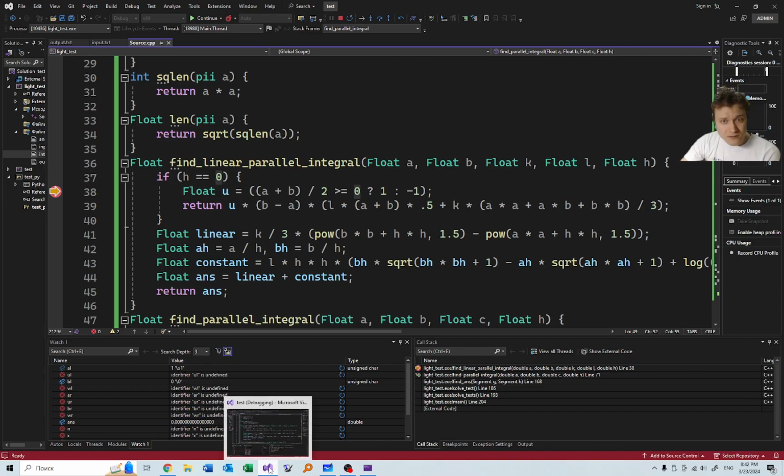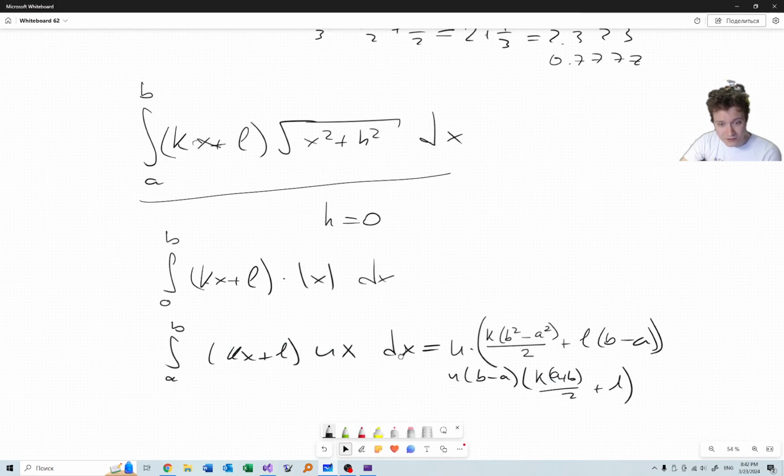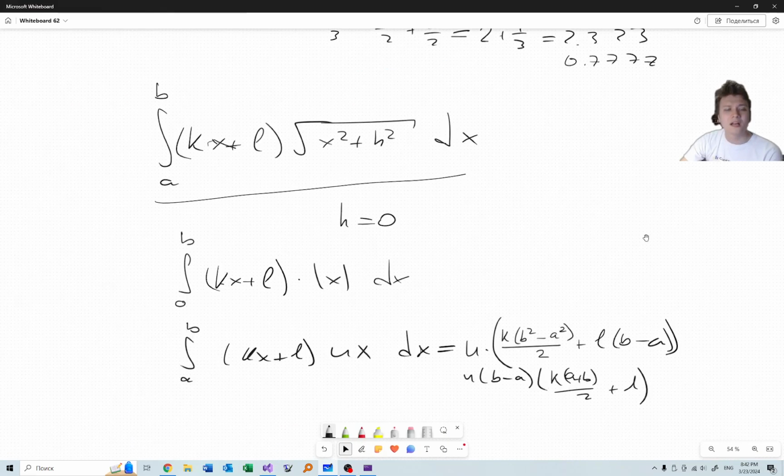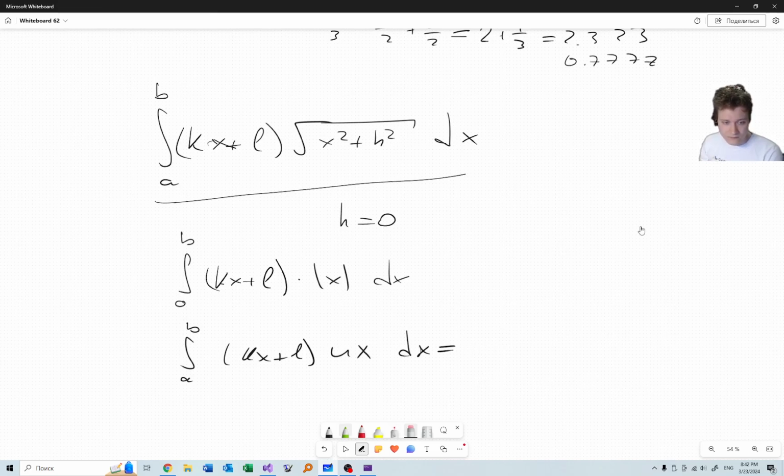Why didn't I manage to calculate this integral? Ah, because it is x. Sorry. Again, I'm so stupid for some reason.